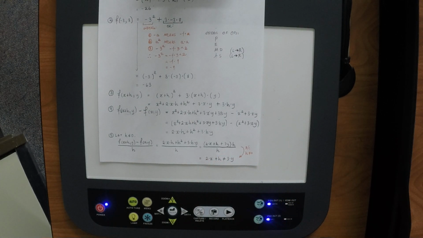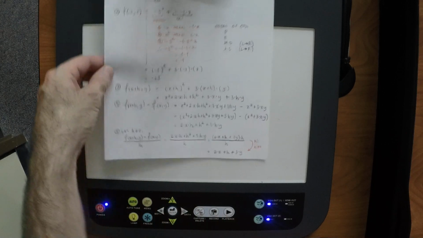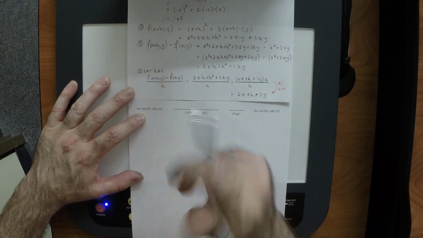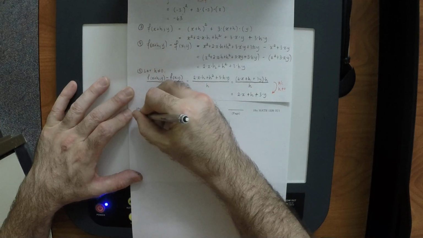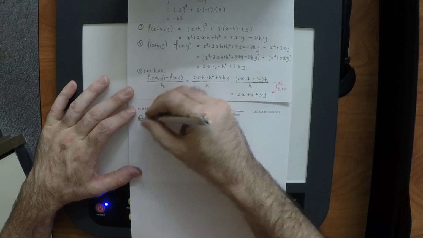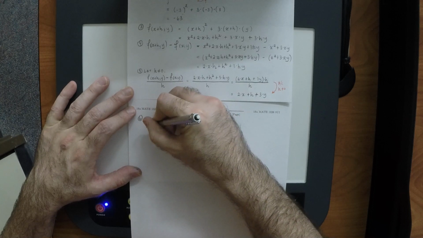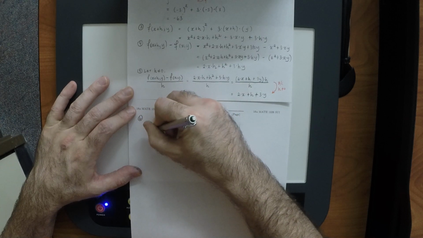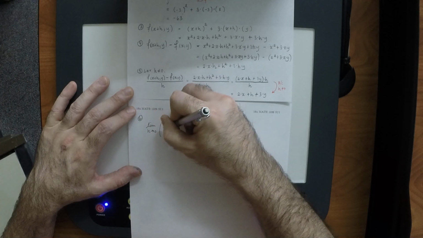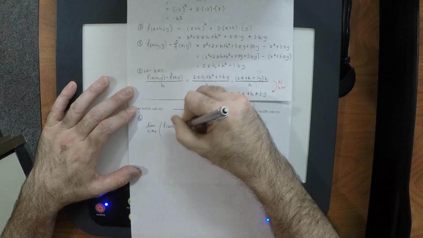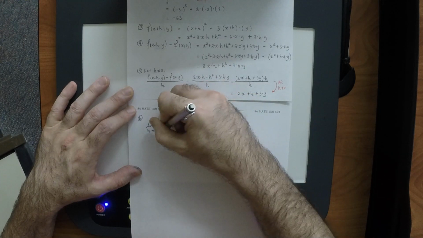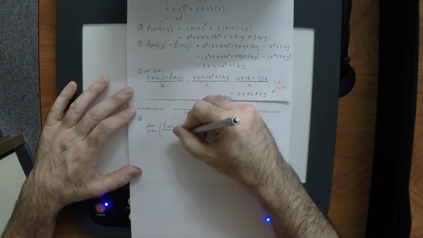All right. Six. Please compute the following. Please compute the limit as h goes to 0 of f of x plus h, y, minus f of x, y, over h.